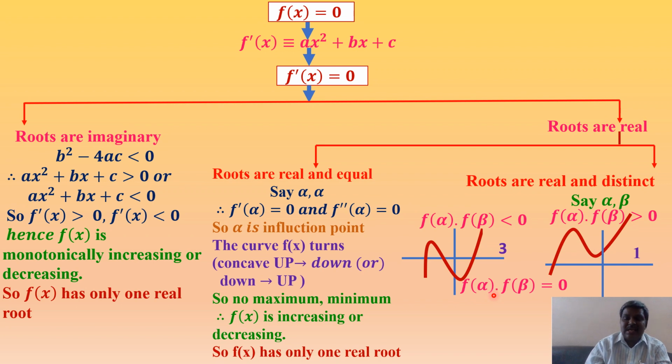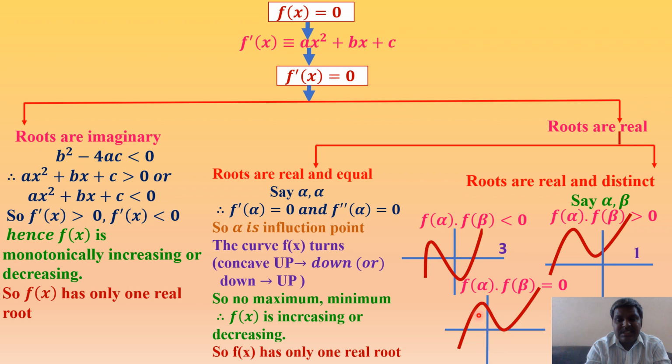Understand or not? Right? So my curve may be in this manner. This is one of the cases. See the magic here. f of alpha into f of beta is equal to 0. That means I am taking here f of beta equal to 0. This is my beta. Beta is at local minimum, and at the same time f of beta becomes 0.